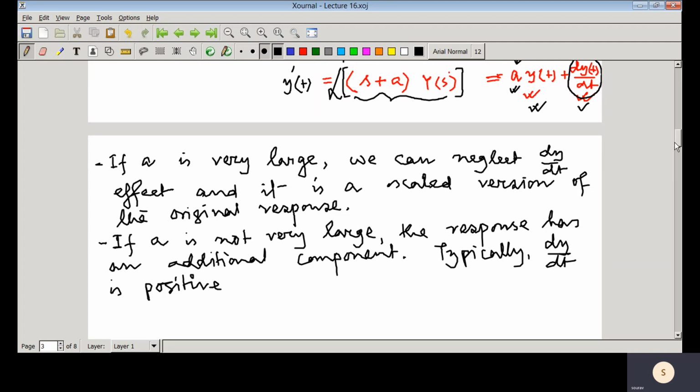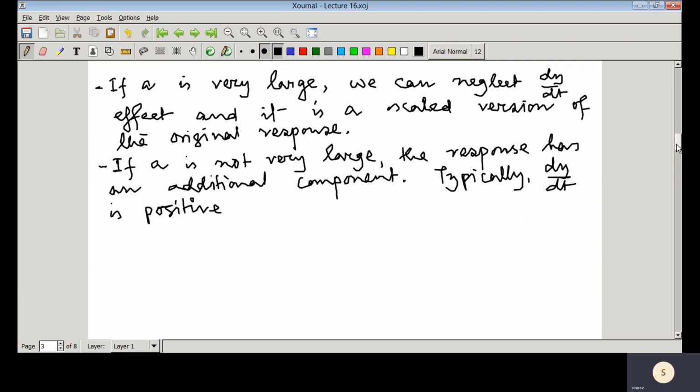Dy by dt is positive, because whenever you apply an input to a system, when the switch is on, the time response grows. So typically it is positive at the start, and hence it increases that overshoot.